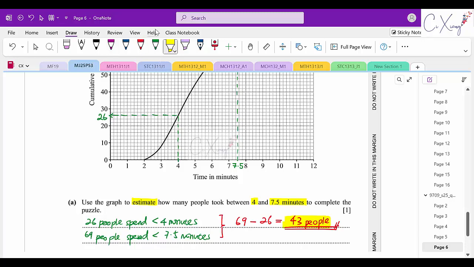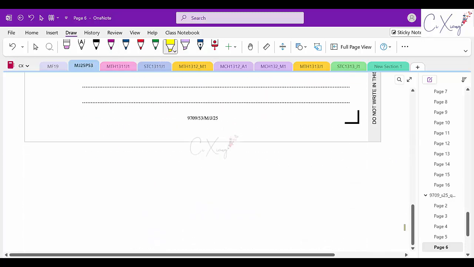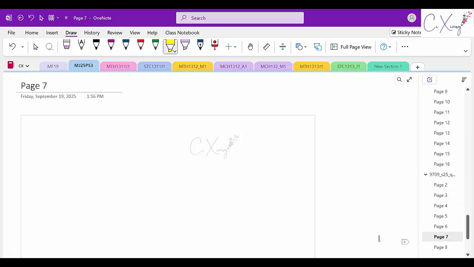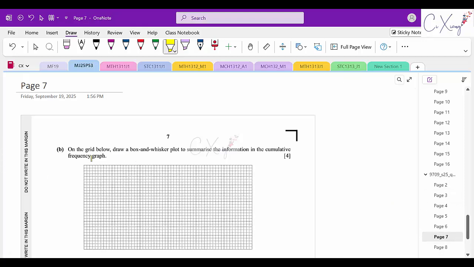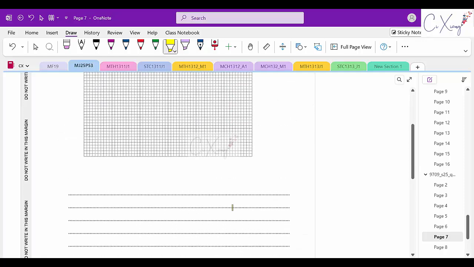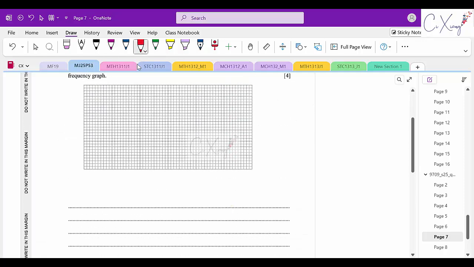Then let's continue to part B. For part B, they want us to draw a box and whisker plot to summarize the information in the cumulative frequency curve. To get the box and whisker plot, I need 5 values. The first one is the minimum.